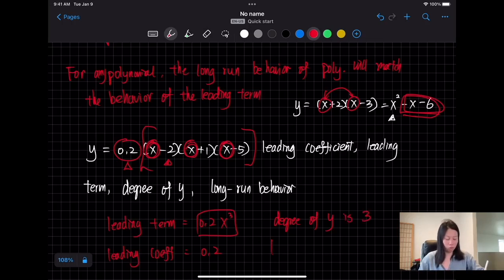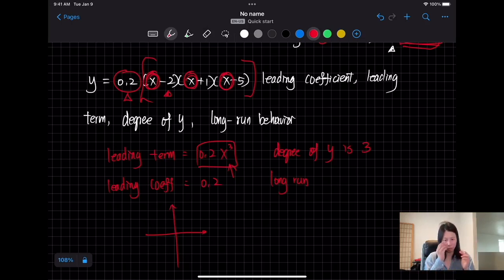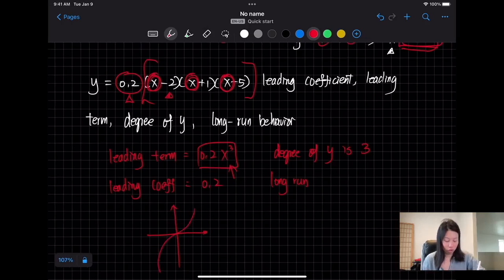Okay, what's the long run behavior? Well, long run behavior is going to match the leading term. So our leading term is 0.2 x cubed. So this is going to look like a cubic function, but when you multiply by 0.2, it's just going to compress the function vertically, so it doesn't matter. The end behavior is what we care about.